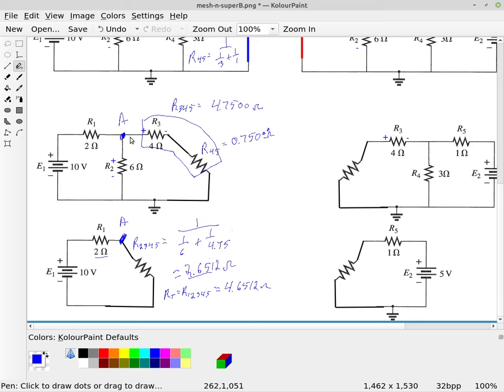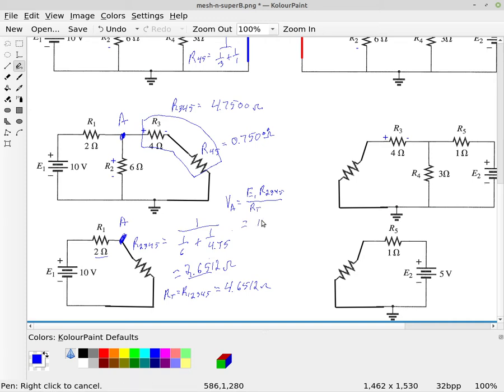Using the voltage divider rule, the voltage at node A is equal to E1, and again, this is only due to the left E1 battery supply, times this resistor R2345 divided by the total resistance R total.